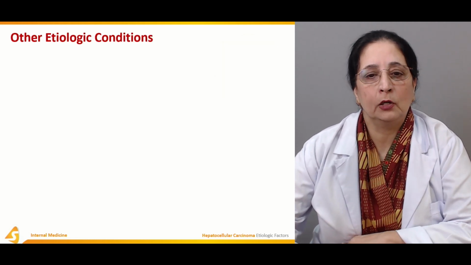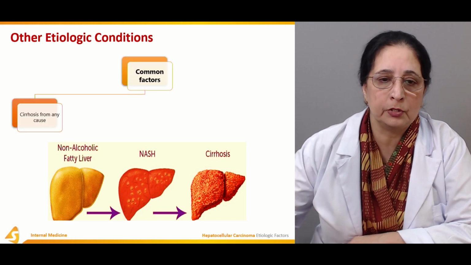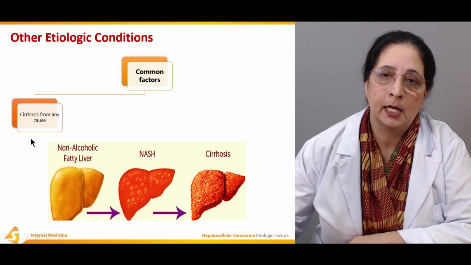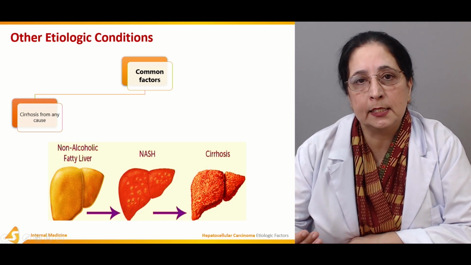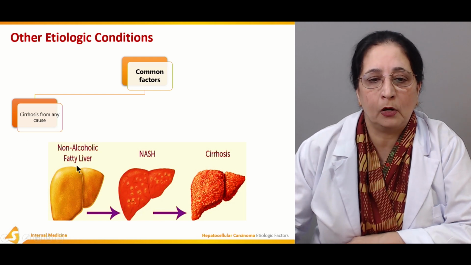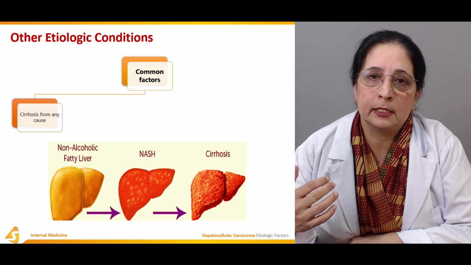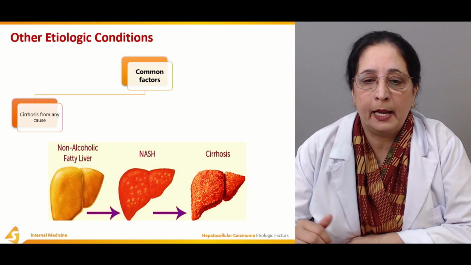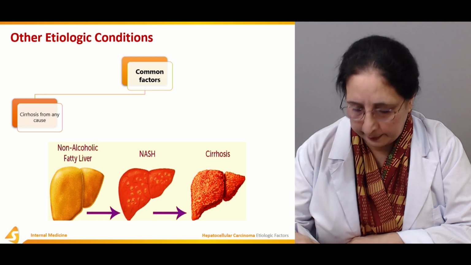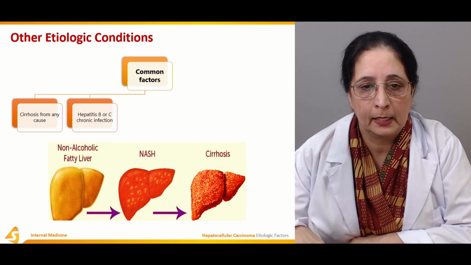Some other etiological conditions, common factors: cirrhosis from any cause other than hepatitis B and C, such as non-alcoholic fatty liver. Fatty liver can also cause cirrhosis of the liver, and it can progress to hepatocellular carcinoma.